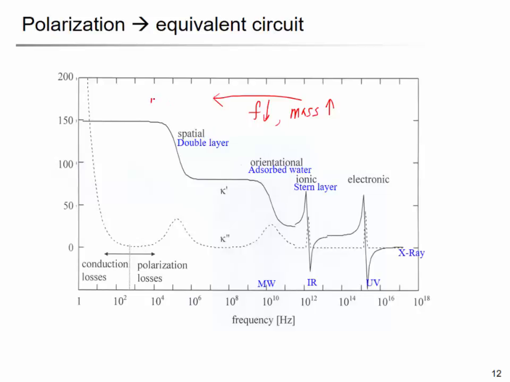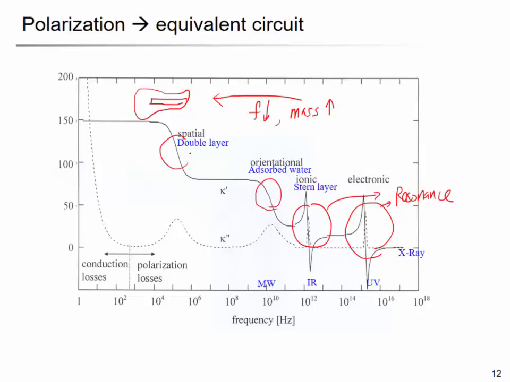It's like you have a clay particle, and the double layer can be polarized with respect to the external electric field. And we talked about this being the resonance, right? These two, and this is the relaxation phenomena, right?